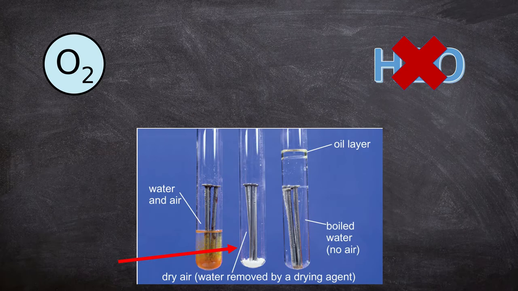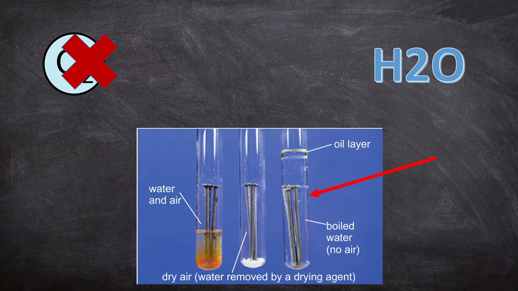We can't see corrosion taking place. In the last test tube, there is no air, and it's just water. And we cannot see any corrosion taking place in that one either. So for rusting to happen, there has to be water and air present.